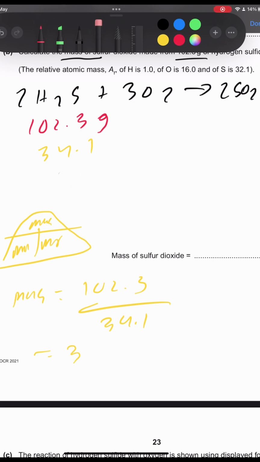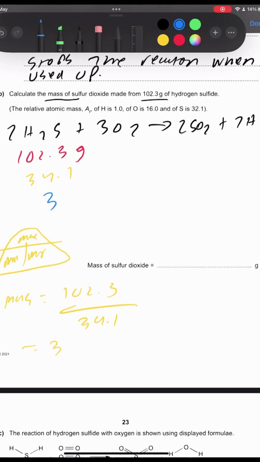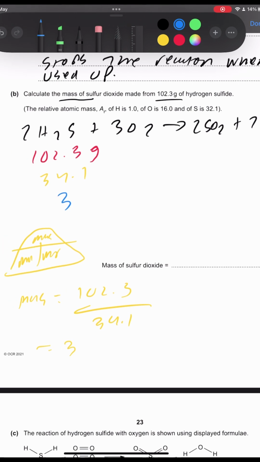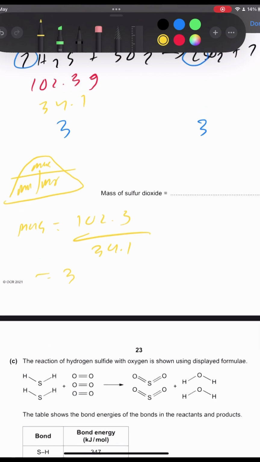Then we know that moles is mass divided by molar mass. So if we want to find the moles, moles would be 102.3 divided by 34.1, which is 3, so that's 3 moles.